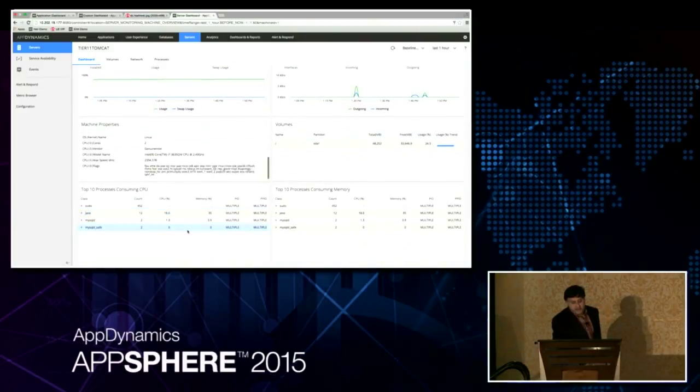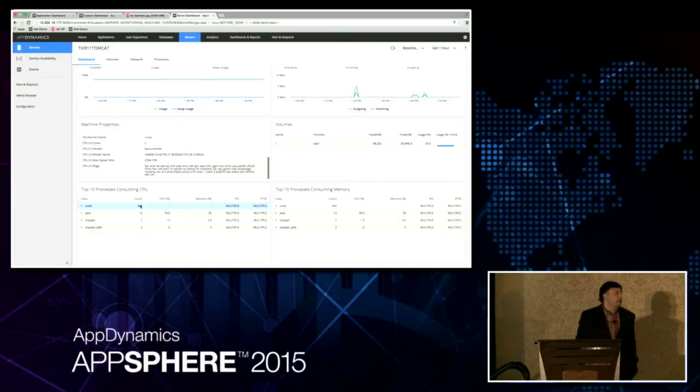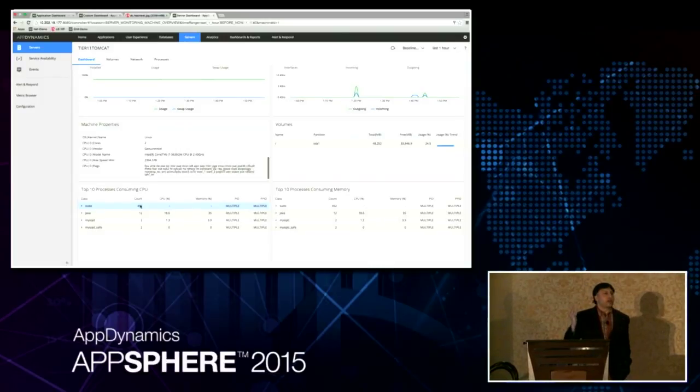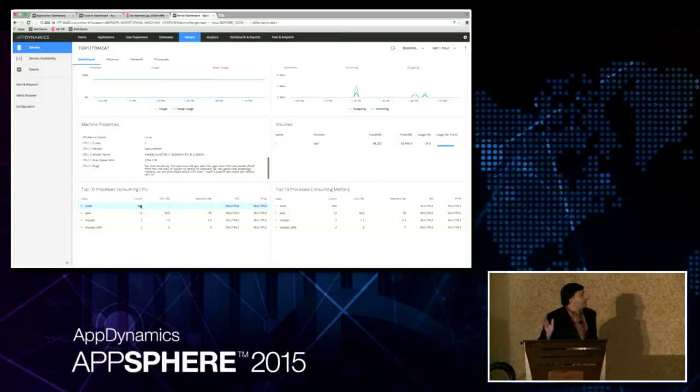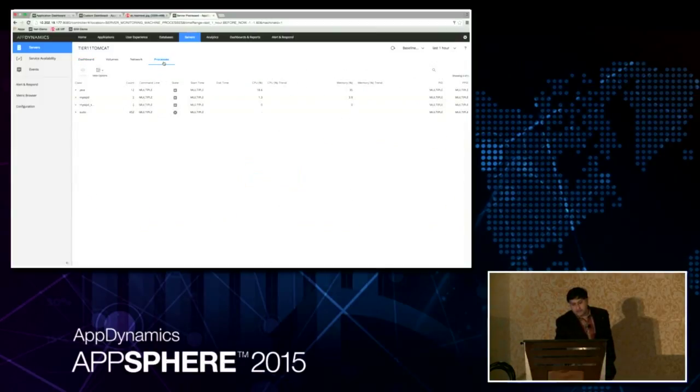And a lot of customers are getting excited about this bottom part, where they didn't have visibility into the processes that run on the server. Now we have visibility on what the top 10 processes are and what the top 10 processes consuming memory and CPU are. We'll also provide this additional full process detail view, where you know that it's not only the top 10, but what all the other available processes on the server are.